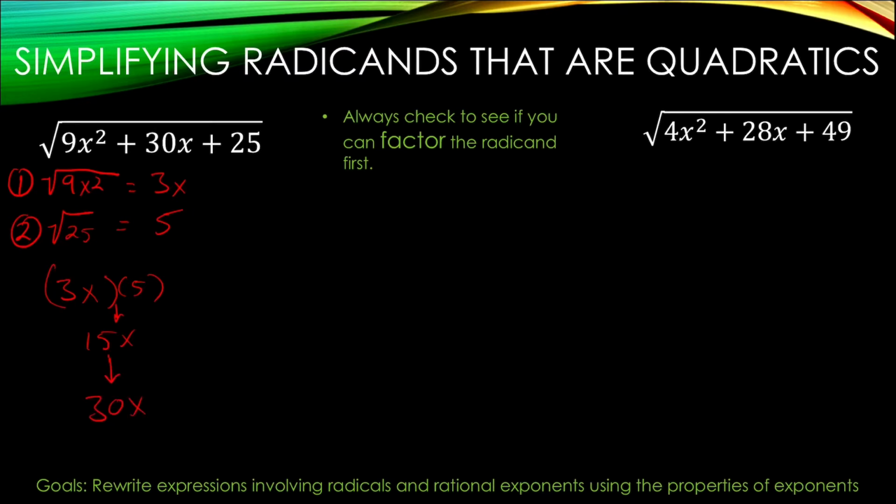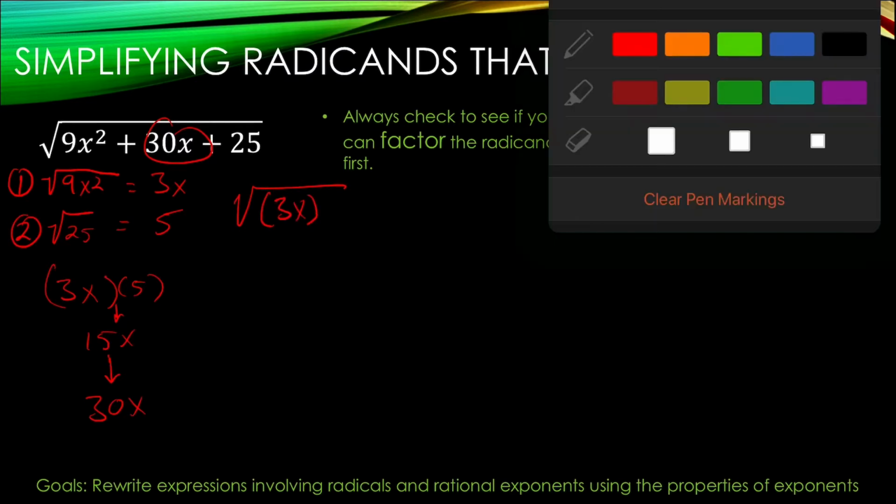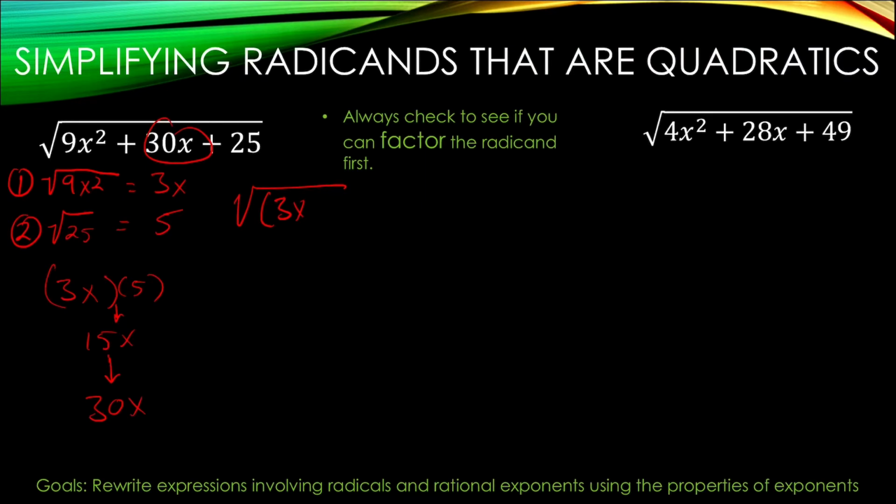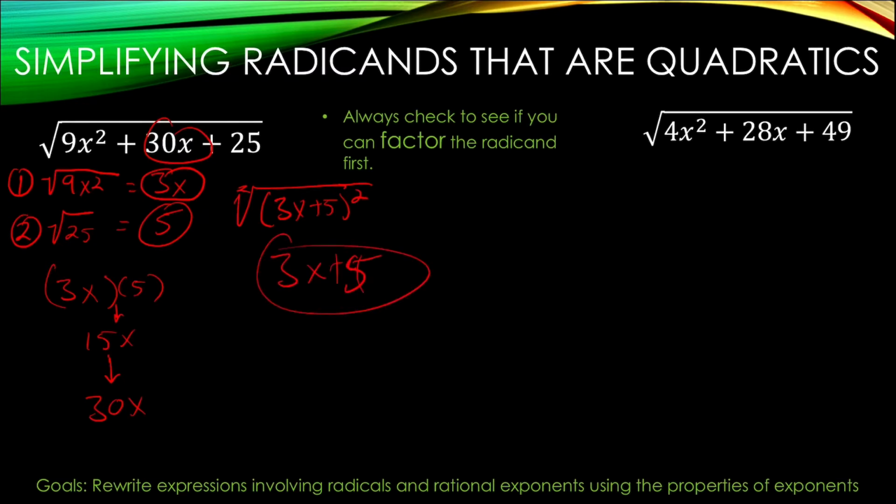If it equals that middle term, we are solid. And we can say this factors to be 3x plus 5 squared. I got the 3x from right here, the 5 from here. Now that I have the square root of something squared, I know that my answer is 3x plus 5. And there's my answer.